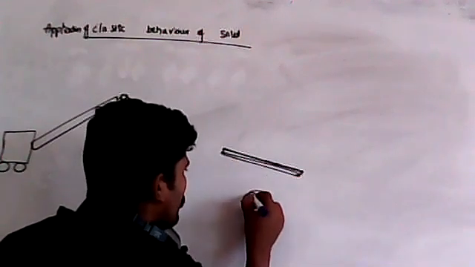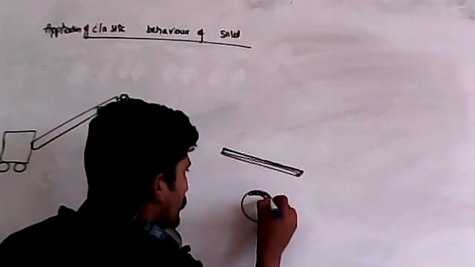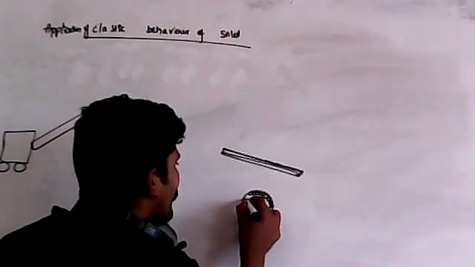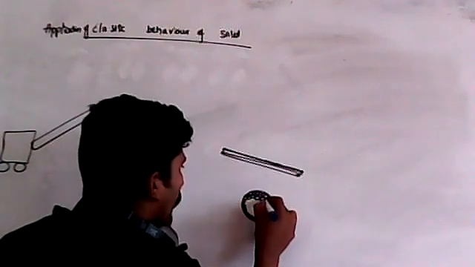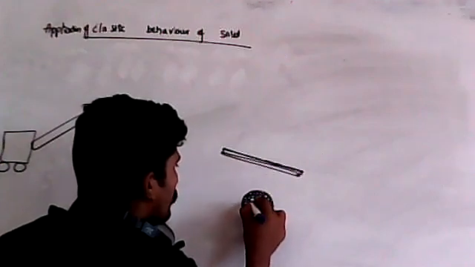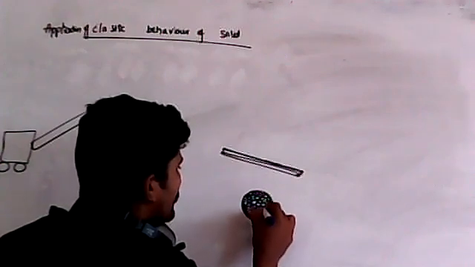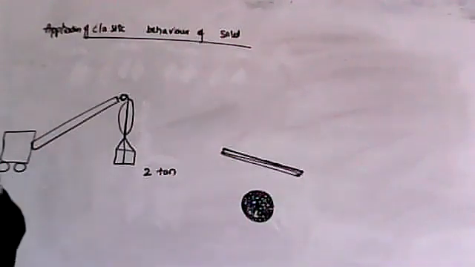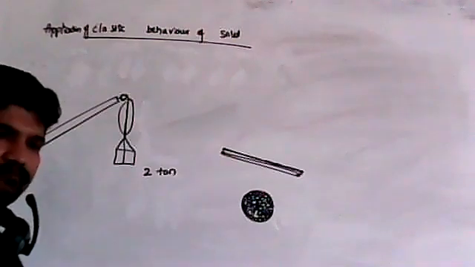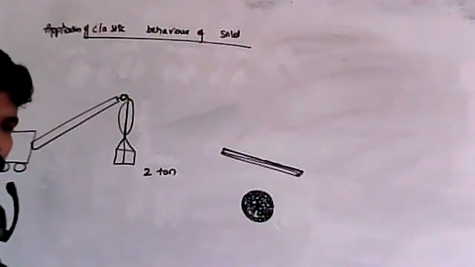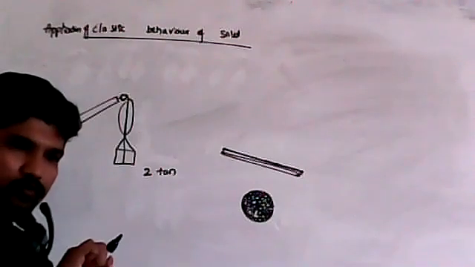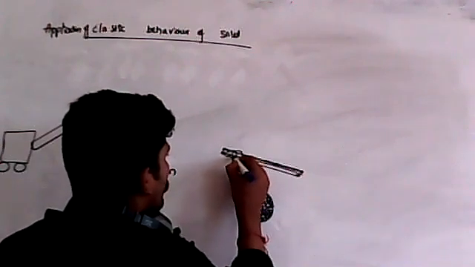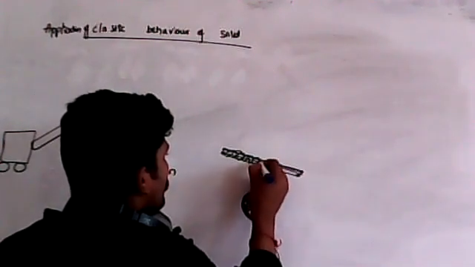For example, small strands are joined and wound together, and then it becomes heavy. This rope consists of many small strands, it may be iron or steel. Many strands will be wound on each other, like this. Together it is very strong.